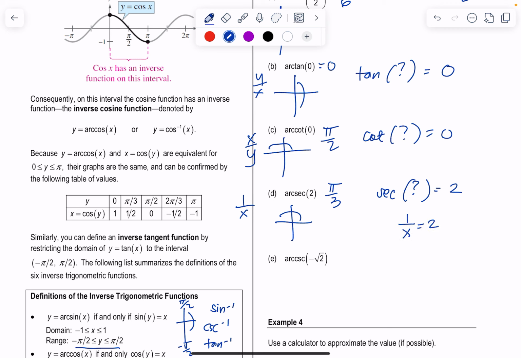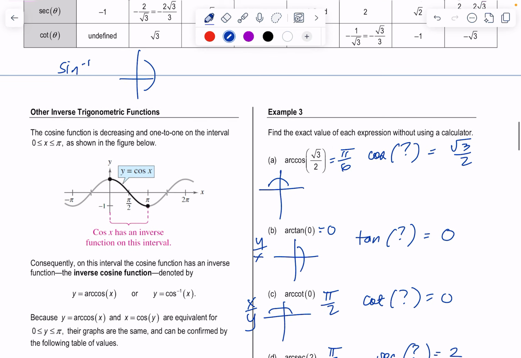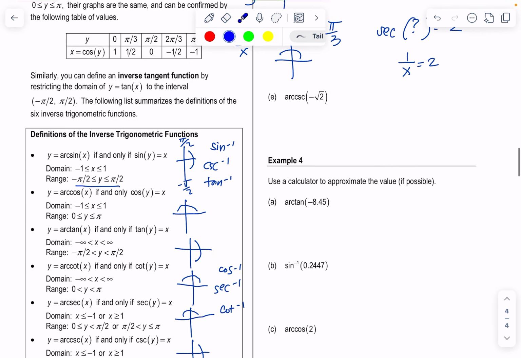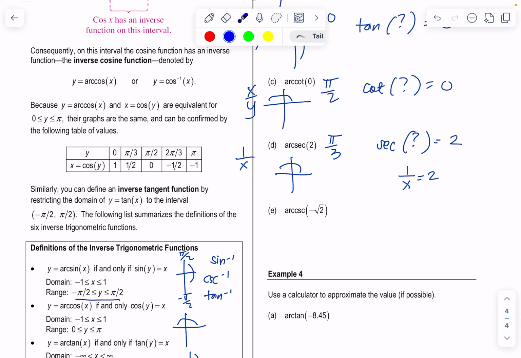What is x? Does that make sense? Yes, so at pi over 3 right over here, x must be 1/2. I am hoping that that is making sense.